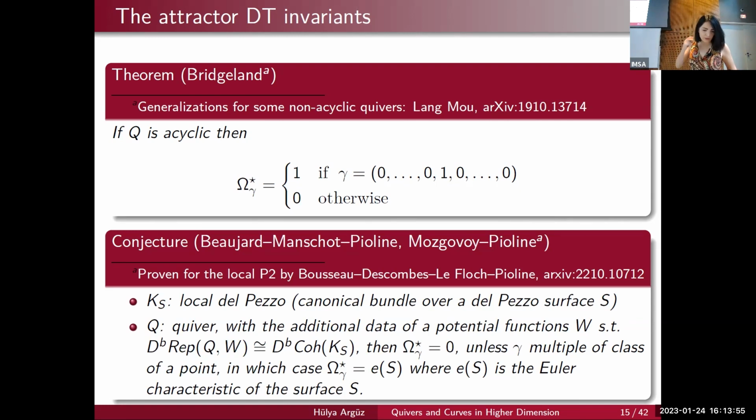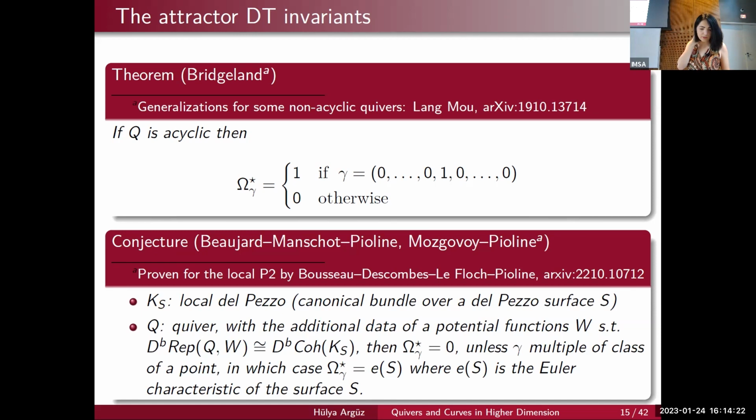You can obtain a quiver Q_W such that the bounded category of representations of this quiver with potential will be isomorphic to the bounded derived category of coherent sheaves on your local del Pezzo. And then your attractor DT invariants will be 0 unless gamma represents a multiple of the class of a point.